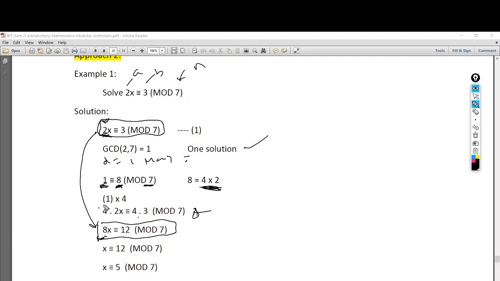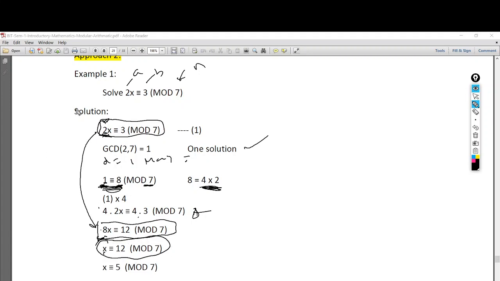So because the next congruent value to 1 is 8, we make it 8x, and rather than 8x, I can say it is x, because 8 is congruent to 1. So now what I got is x is congruent to 12 mod 7.